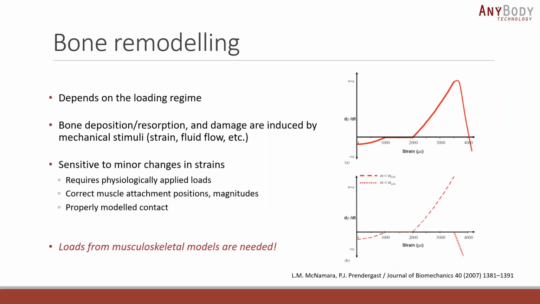Secondly, in the case of bone remodeling applications, the detail that musculoskeletal models provide in terms of internal loads is very important because bone remodeling is governed by different levels of strain and stress in the bones. So whenever there is a large error in the strain or stress, we basically get a slightly different tissue, which is not very optimal.